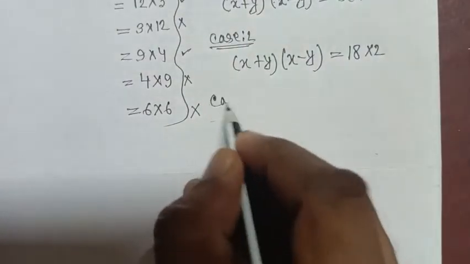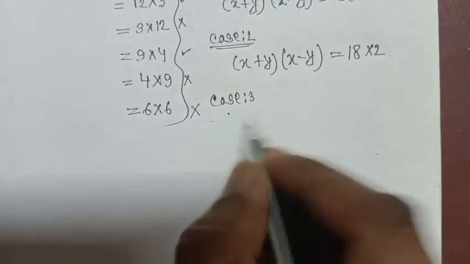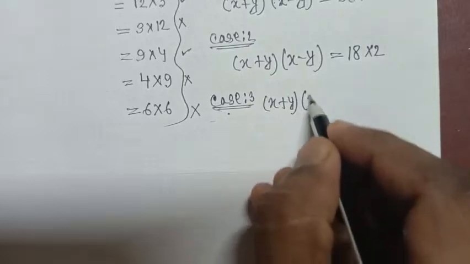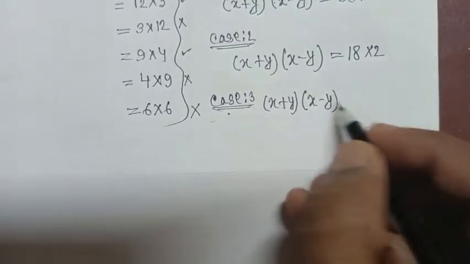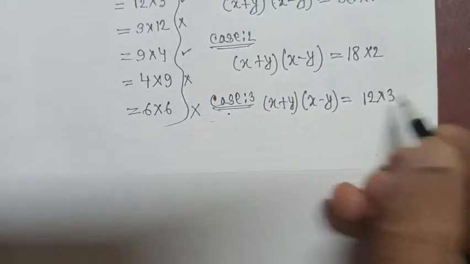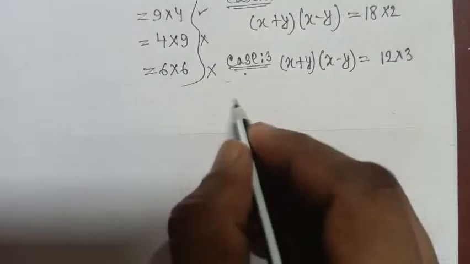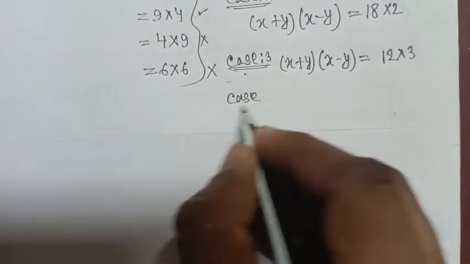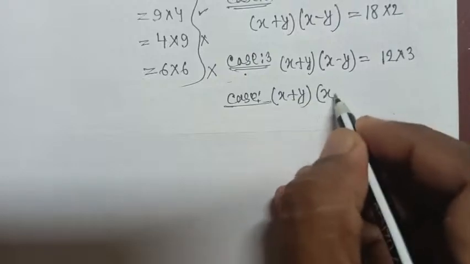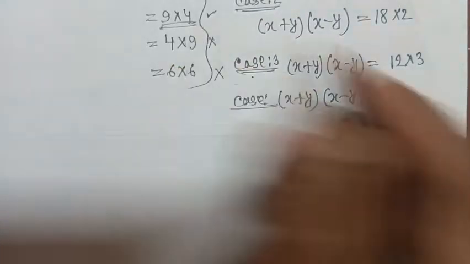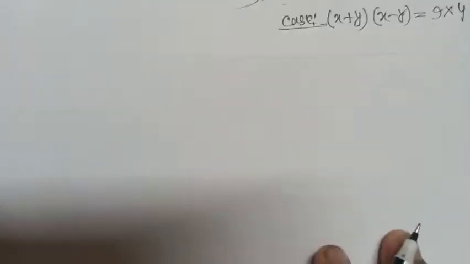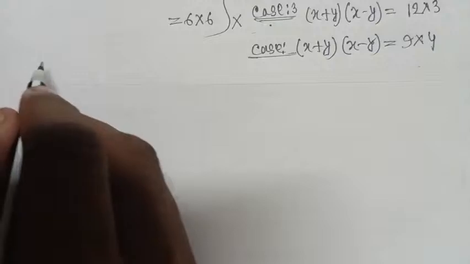For case 3, you can write x plus y into x minus y equals 12 cross 3, that is 12 into 3. And for case 4, x plus y into x minus y, we have to take 9 into 4.